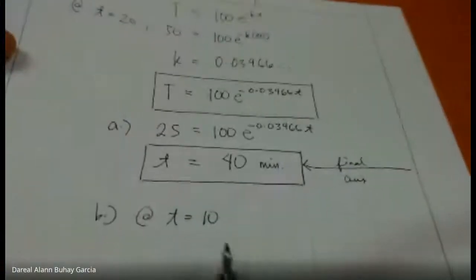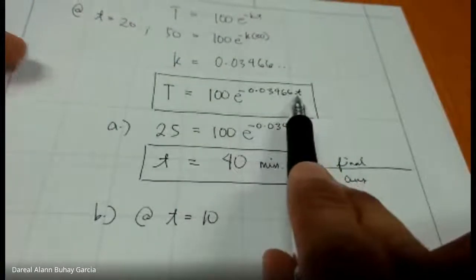Dali na ni, butang lang 10. So, the temperature after 10 minutes is 100 times e to the power of negative 0.03466 times 10.